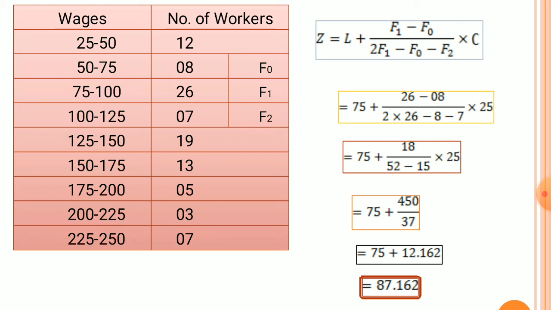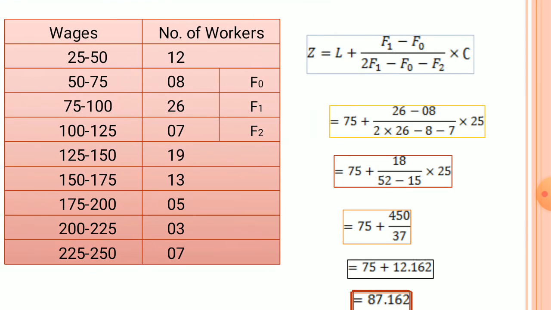Therefore f1 is 26, f0 is 8, f2 is 7. f1 is the frequency of the modal class, 26. f0 is the frequency of the class preceding the modal class, and f2 is the frequency of the class succeeding the modal class, 7.